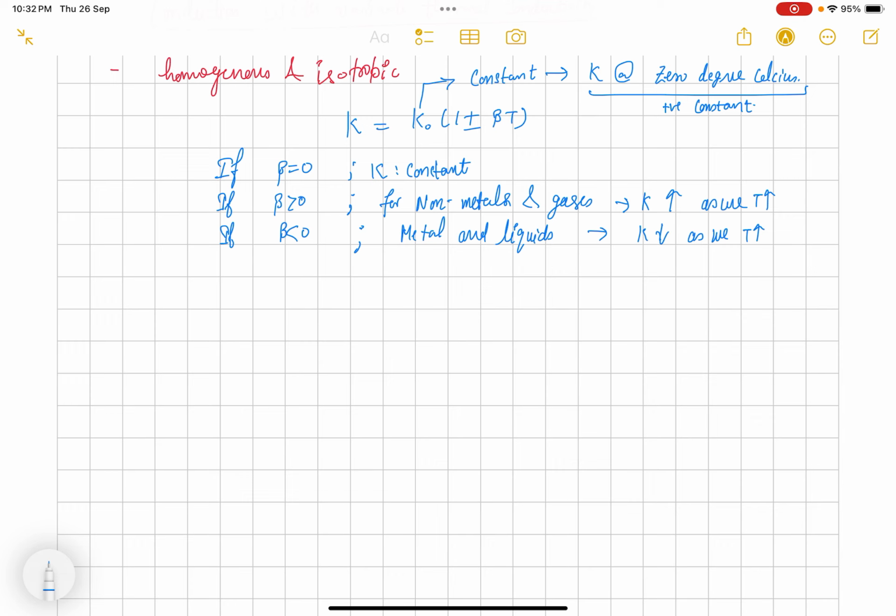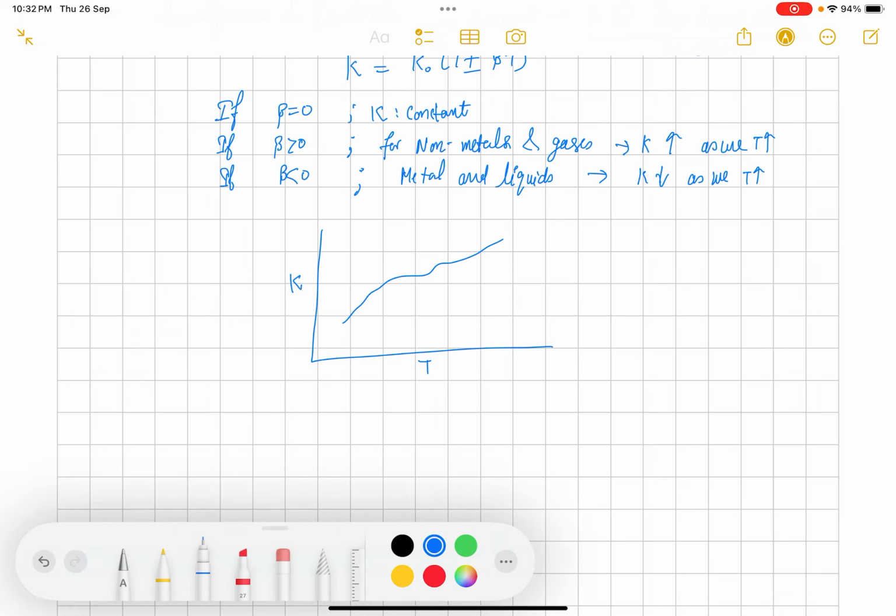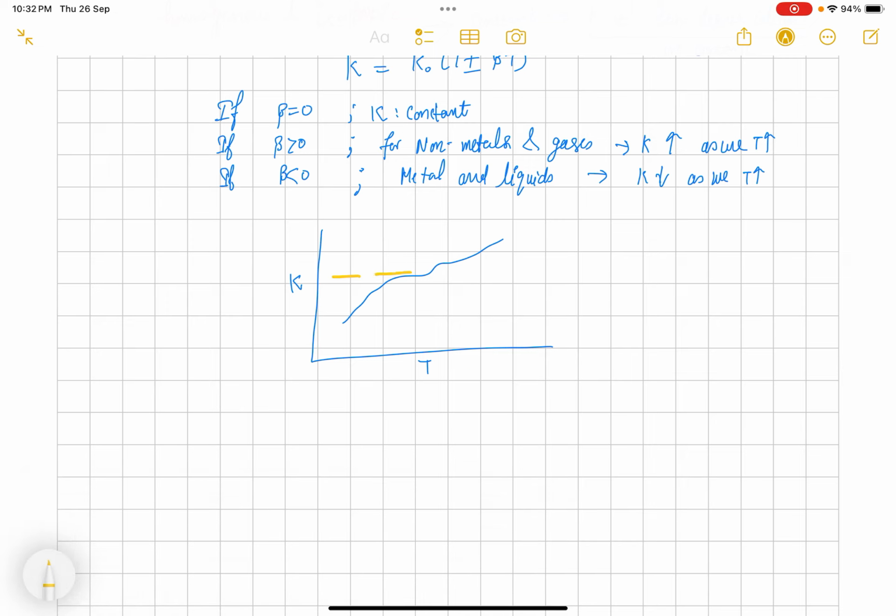Let's say this is the temperature and this is the thermal conductivity variation with temperature. But we need a mean value of this thermal conductivity in this particular range for calculation purposes.